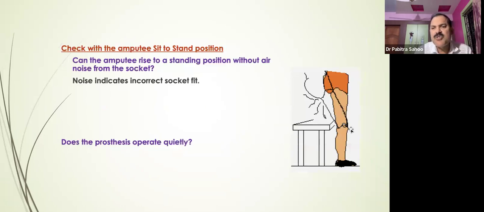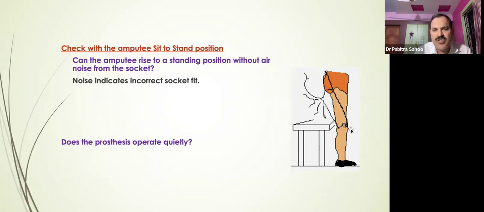Then ask the patient to stand from the sitting position. Sometimes you will find an abnormal hissing sound when the patient goes from standing to sitting or sitting to standing. Why does that happen? There may be an air leak, especially in the case of total contact sockets.